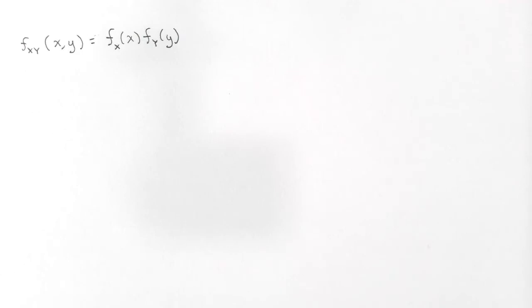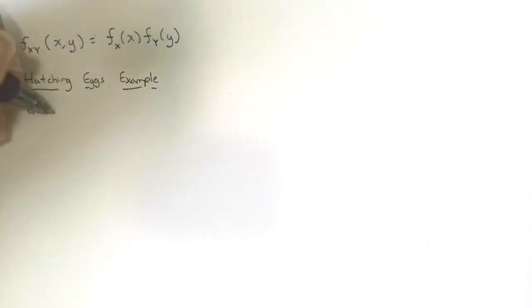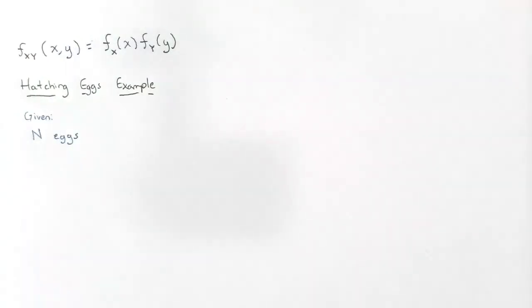Okay, so why don't we start by saying that we have n eggs. N is a random number.